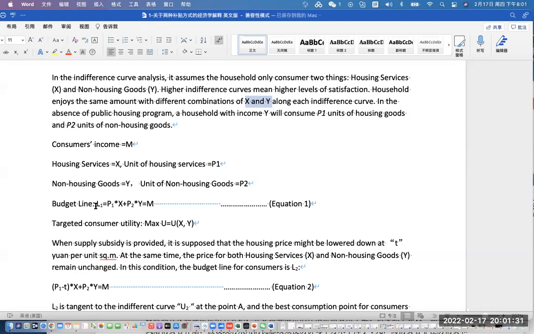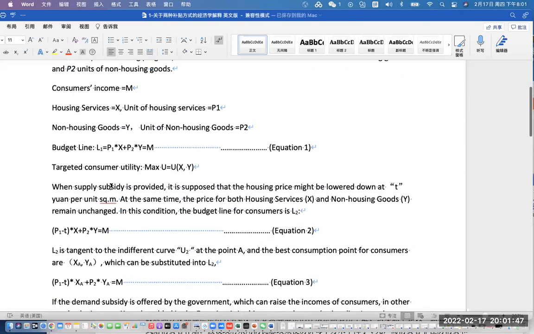So the budget line L1 is P1 multiplied by X plus P2 multiplied by Y, and that equals M. So this is the first budget line, L1, equal to M. M is the total income, okay. The consumer's target is to maximize utility, U equals U(X, Y).